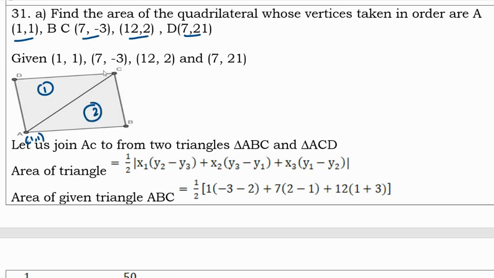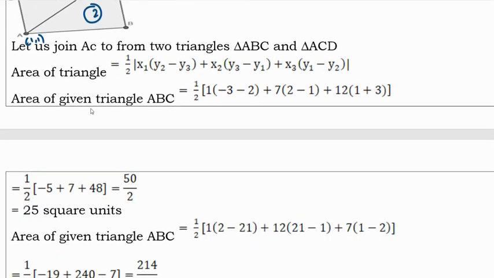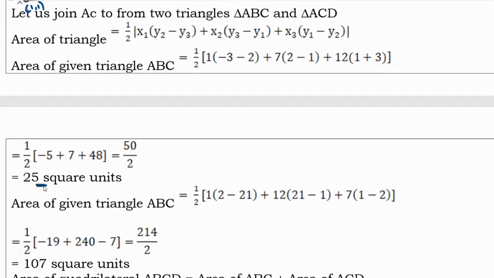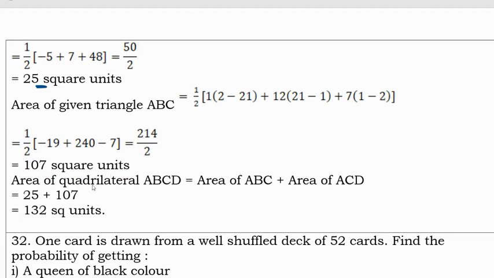ADC is one triangle, ABC is another triangle. Adding these two triangles will give the area of the quadrilateral. The area of the first triangle is 25 square units, and the area of the second triangle ABC is 107 square units. We add 25 with 107 to get the area of the quadrilateral, which is 132 square units.